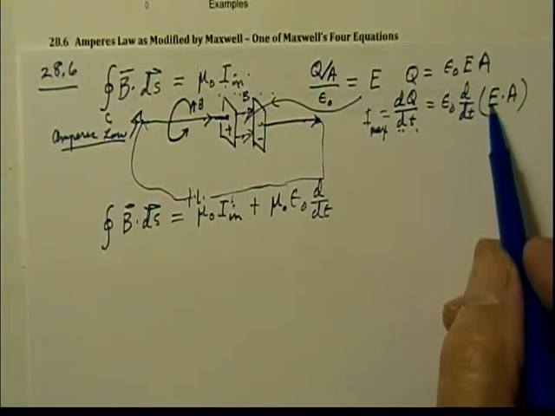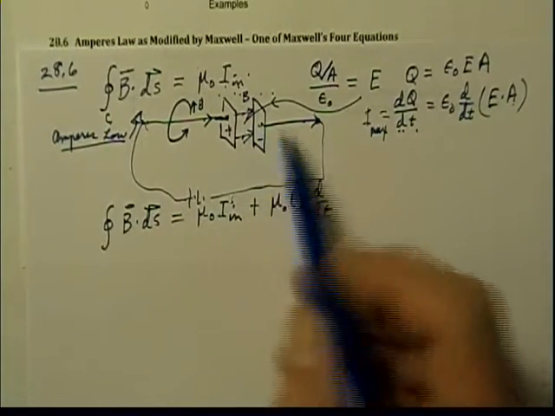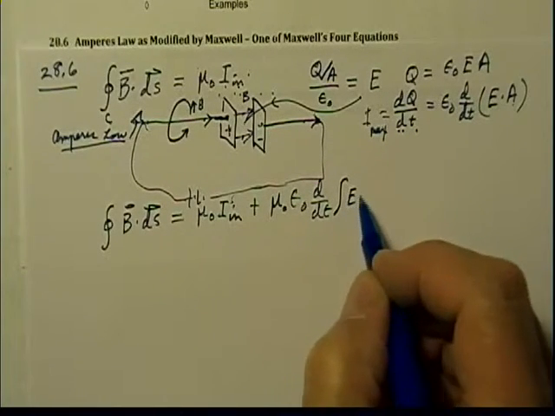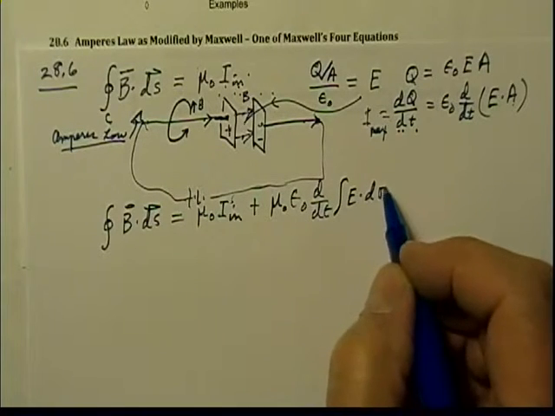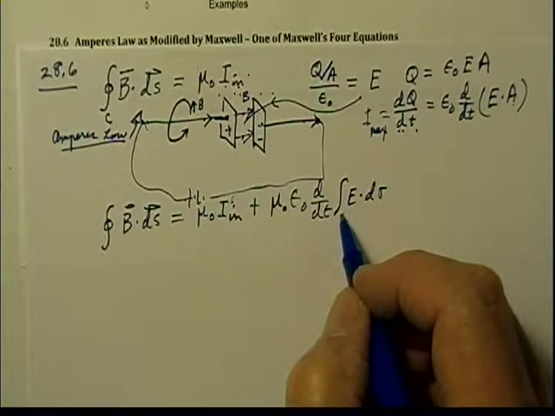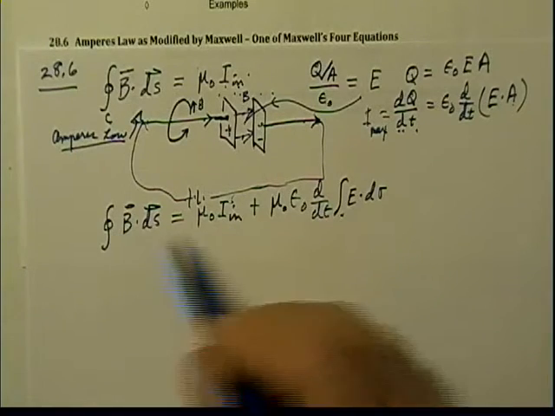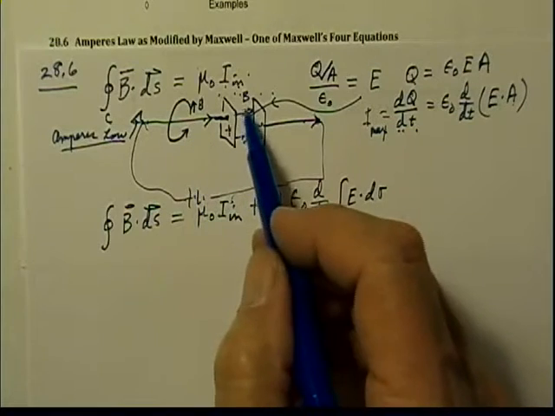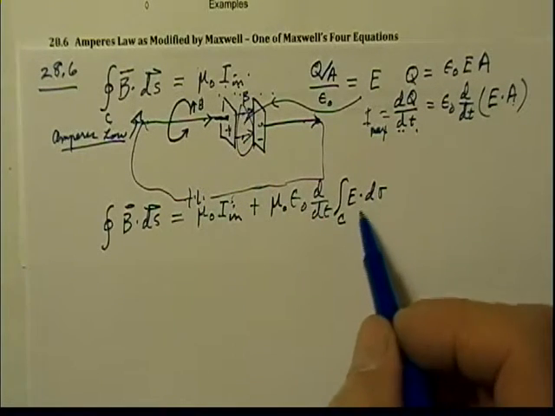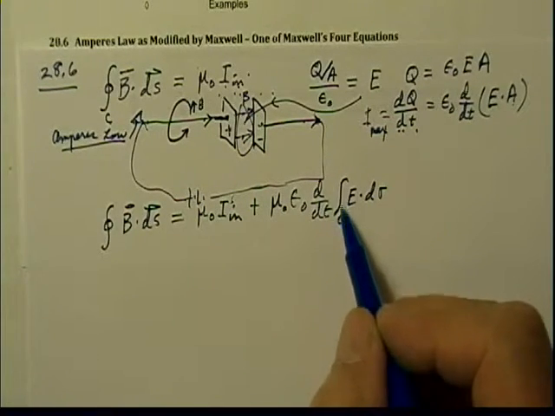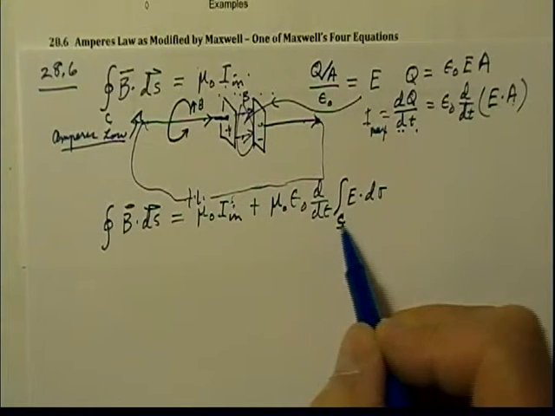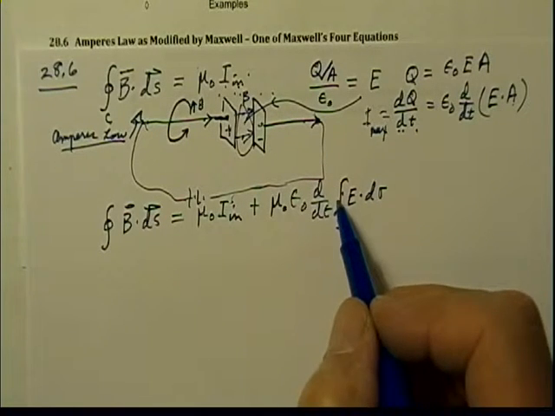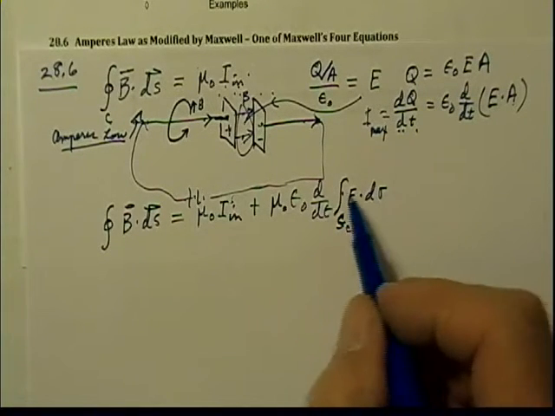Well, rather than write simply E times the area of the capacitor, what we can write here is the integral of E dot dA over this area that's bounded by the same curve. So we have a curve here, and we're going to integrate over any surface that's bounded by the curve, and that's an open surface, so we don't put that little circle here.